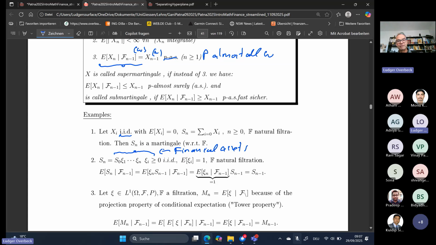You have multiplicative because it's growing. That's like inflation: you always feel richer, but the money is always worth less. In numbers, you're getting richer, but in real wealth, you probably don't get richer. So this is a martingale if on average, you multiply by 1. That's the type of martingales, of course, we will consider.